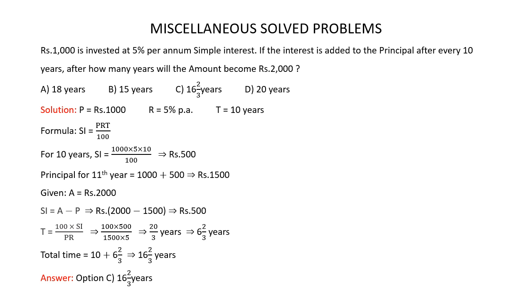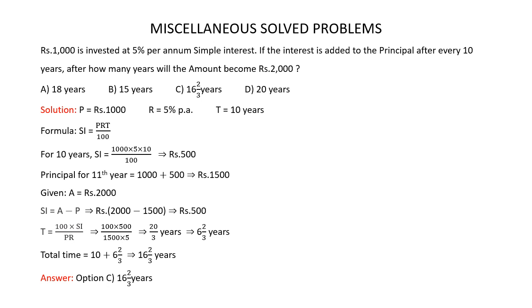So now we have T is equal to 100 multiplied by 500 divided by 1500 multiplied by 5. On solving this, we get T is equal to 20 by 3, which is nothing but 6 2 by 3 years. So rupees 1500 takes 6 2 by 3 years to become rupees 2000.